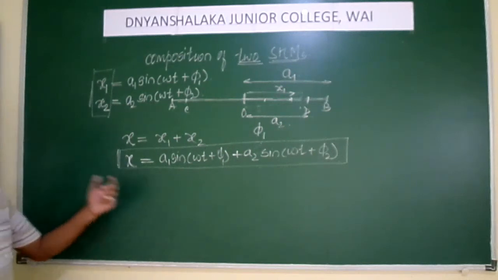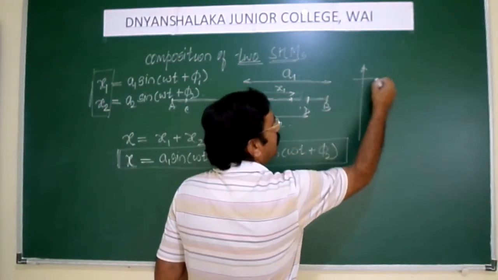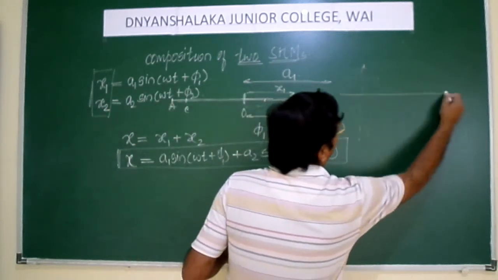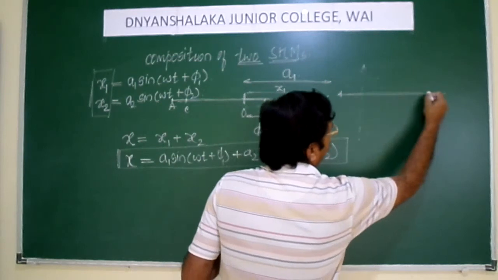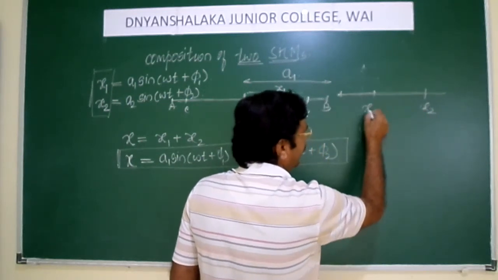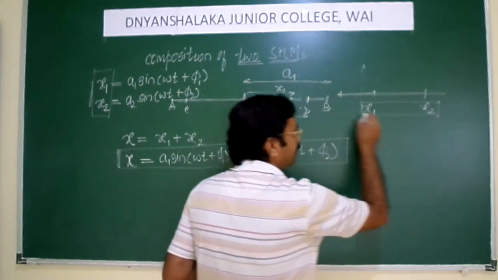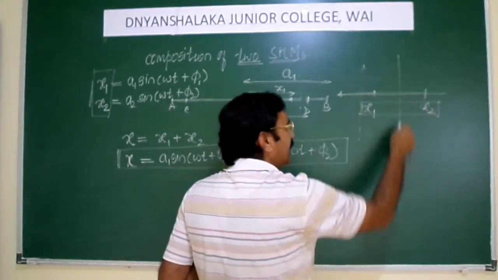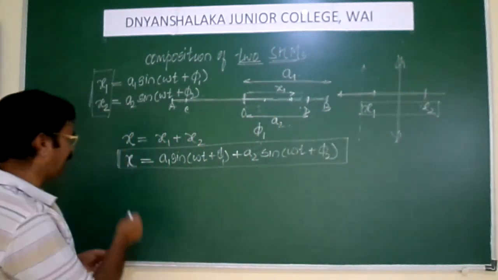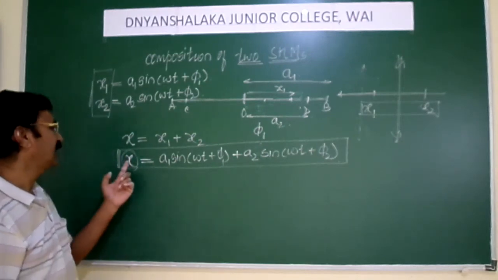And so the particle, say, if this is the x2 displacement, if this is the x1 displacement, then under the combined effect of x1 and x2 the particle will be at some different position, and that different position is the resultant position, that is x.